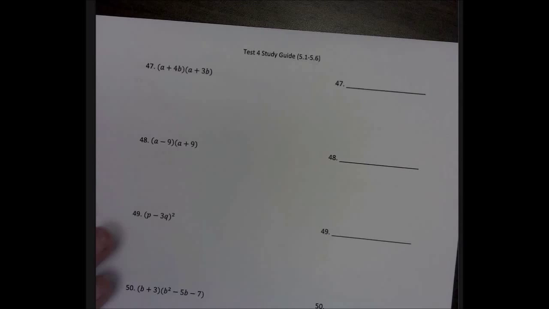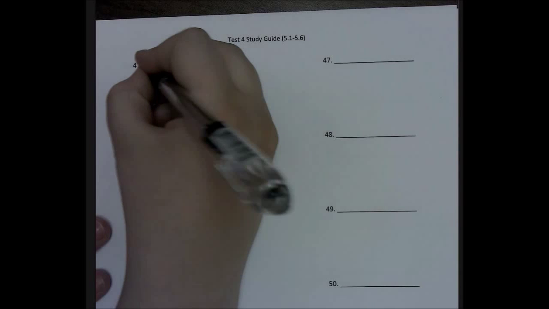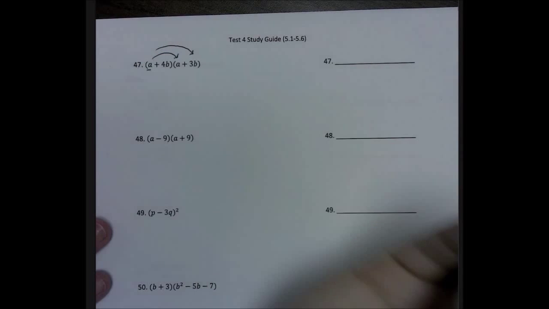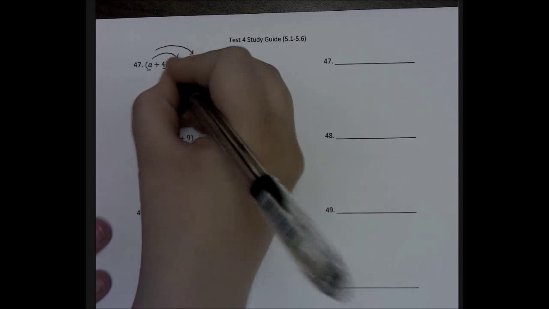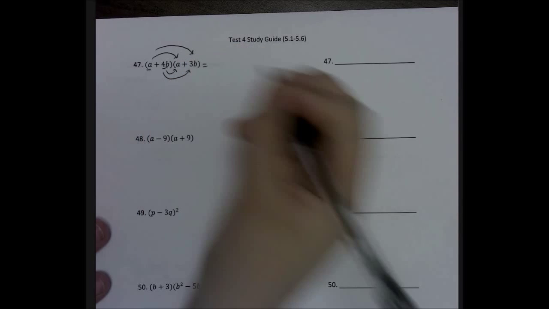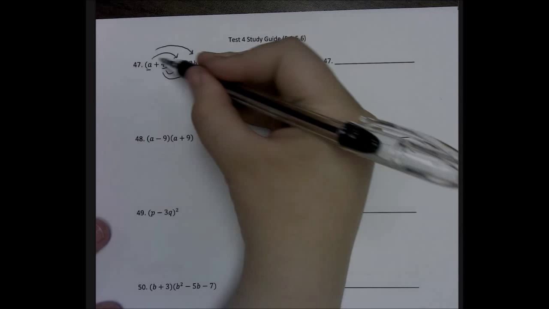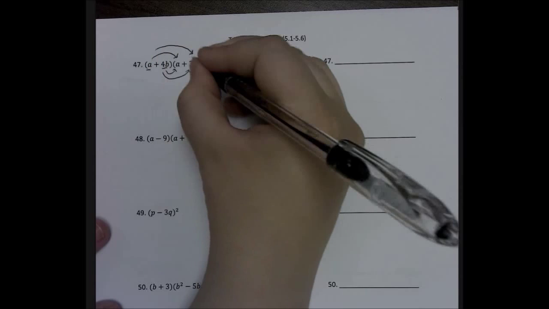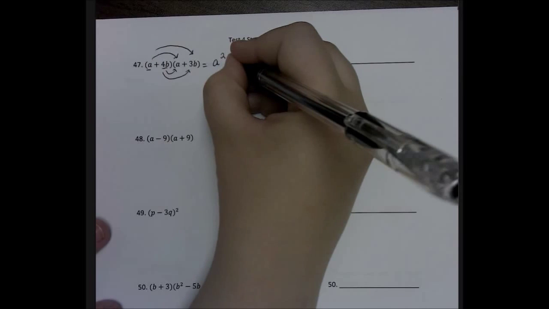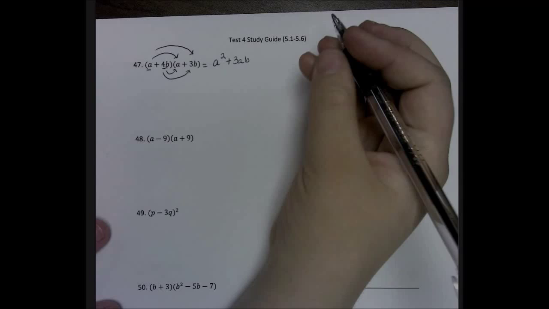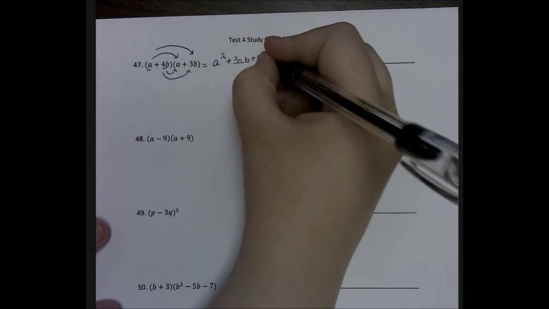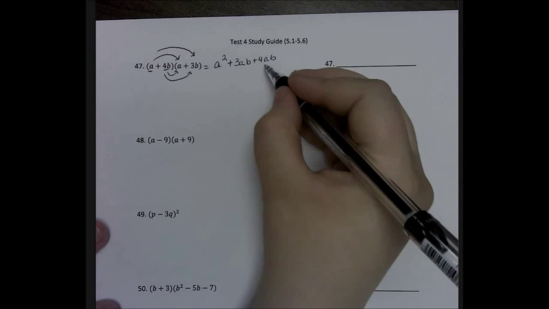On page 7, again, we distribute this A into each term in our set of parentheses, and then this 4B times each term in our second set of parentheses. So A times A is A squared. A times 3B is 3AB. 4B times A is 4AB, and you always write it in alphabetical order.